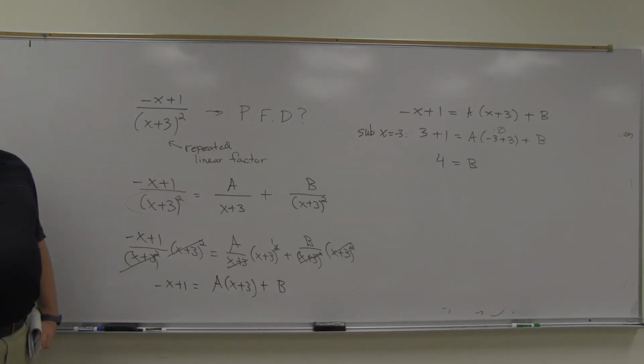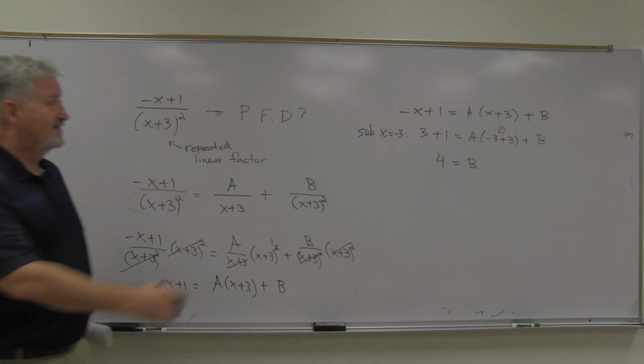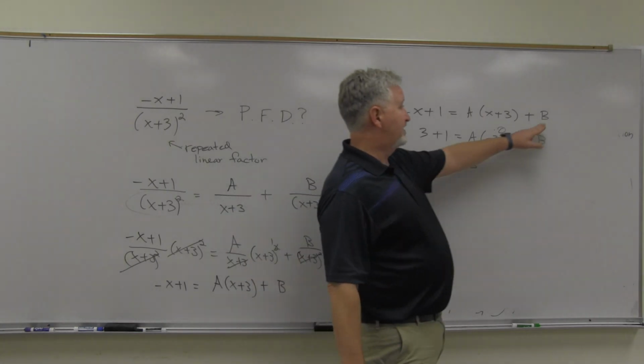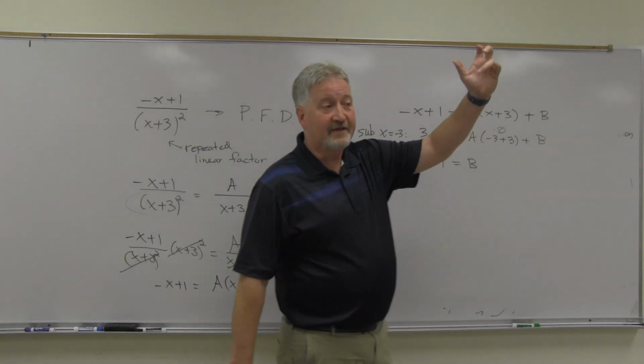Now this one's a little different because there's maybe not a choice that's obvious for the next one. So I've got B figured out, I need to do it again to figure out the A. Is there an obvious choice for the x value that would do that? I don't think so, because there's nothing that's going to get the B to go away, since it's by itself, for one thing.